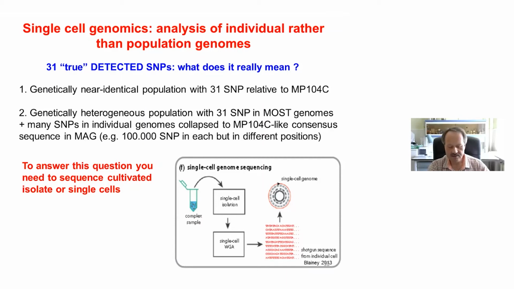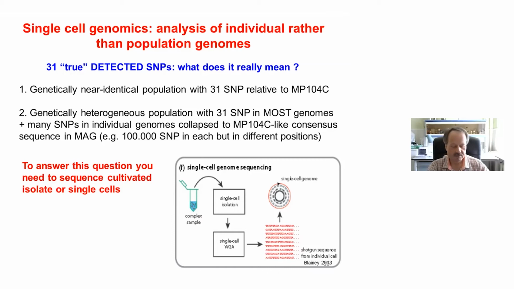The second variant is that the Siberian population is genetically heterogeneous, with 31 SNPs in most genomes, plus many SNPs in individual genomes that were collapsed in the consensus sequence in the course of contiguous sampling. I mean, for example, 10,000 SNPs in each Siberian cell, but in different positions. Of course, in this case, you have absolutely no estimate of divergence time.